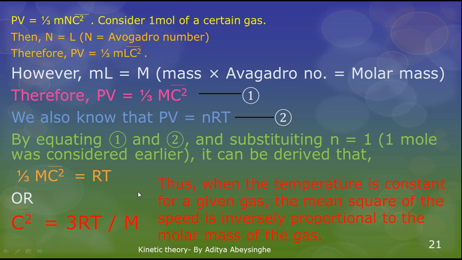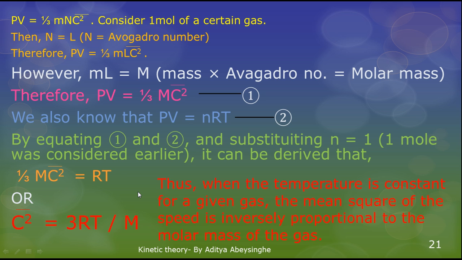So this is all about the kinetic molecular theory of gases. So in the last video, I began with the general introduction of the kinetic molecular theory of gases, and then went on to explain the assumptions. And in this video, I explained to you how the kinetic theory of gases, the KTG, can be used to prove the gas laws.